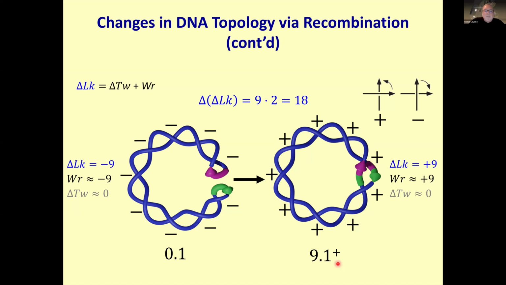And so if you simultaneously study both supercoiling and knotting, you need to keep track of the sign inversion that takes place. And that has important consequences in terms of things like the free energy of the DNA products, which will depend in detail on the topology.